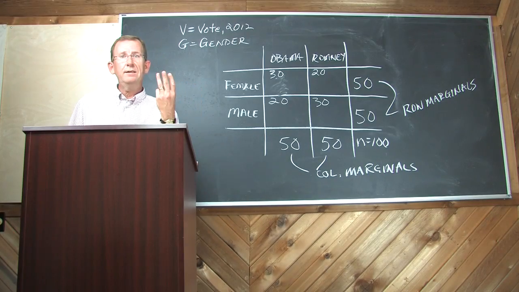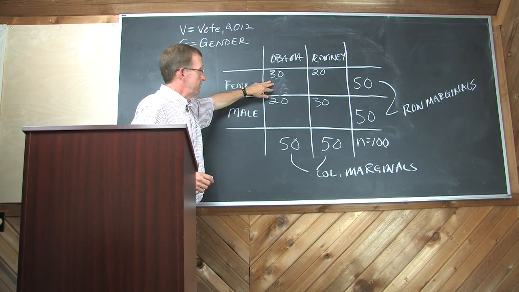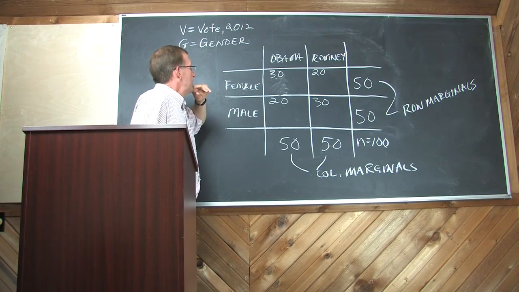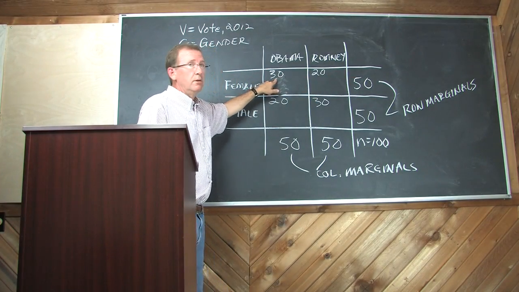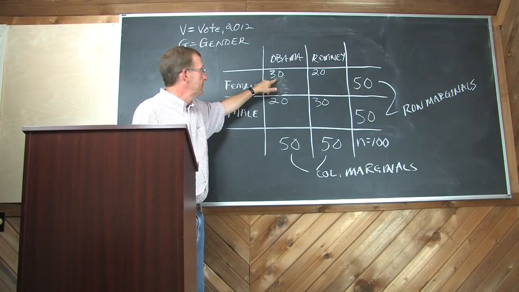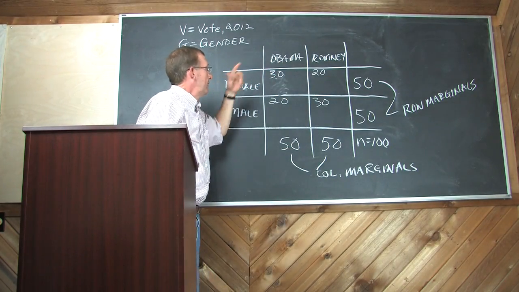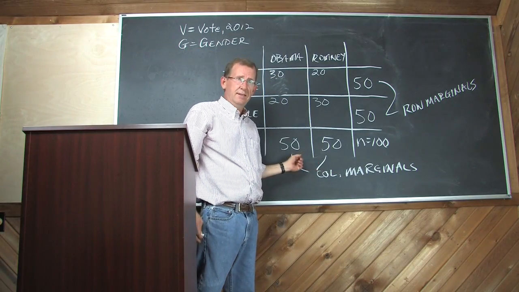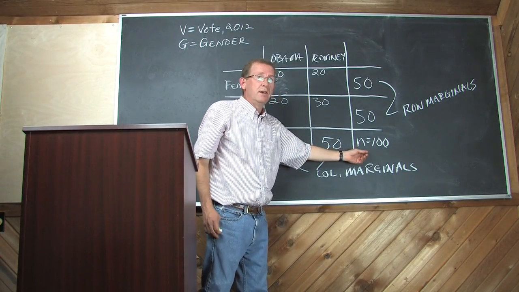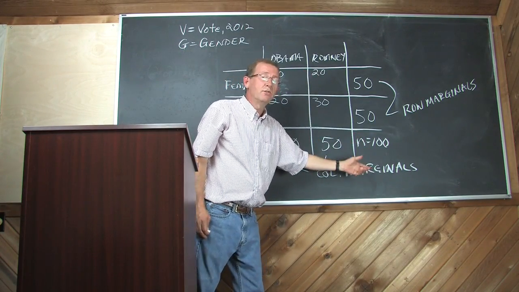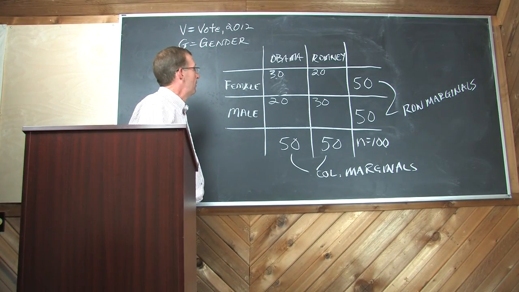There are three different types of percentages that can belong in any of the three. I'm not going to illustrate them, I'm just going to explain them. So you could illustrate percentages by row, wondering what percent of 50 is 30, and list that here. What percent of 50 here is 30. You could do it by column, happenstance, you have the same number. Or you could do it by cell. So the percentage in each cell of the total, row, column, or overall.